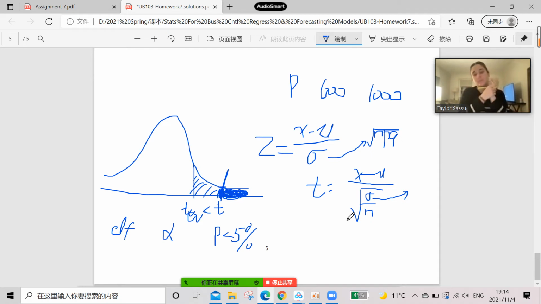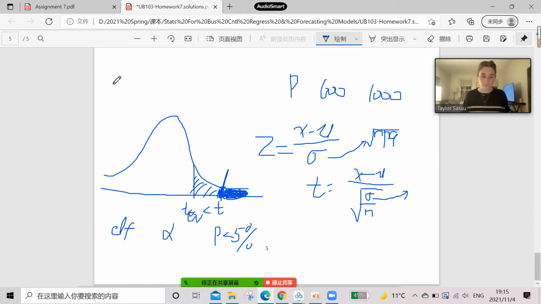Okay, I think I got it. So if I read the problem and I'm trying to decide whether it's a Z or a T, if I can determine that it's a binomial, that's how I should make my decision first. Yes. In the homework problem from last week, the question was whether the cream will increase your skin quality.